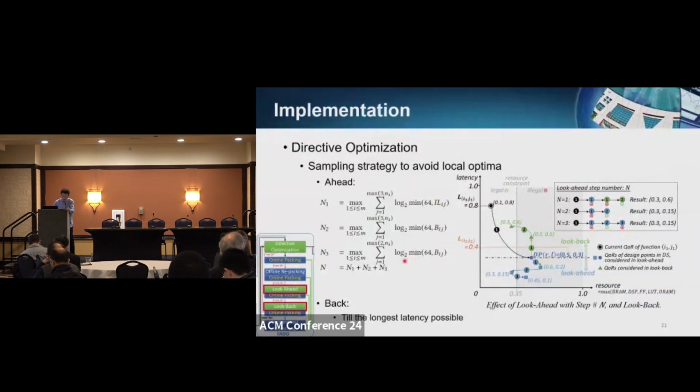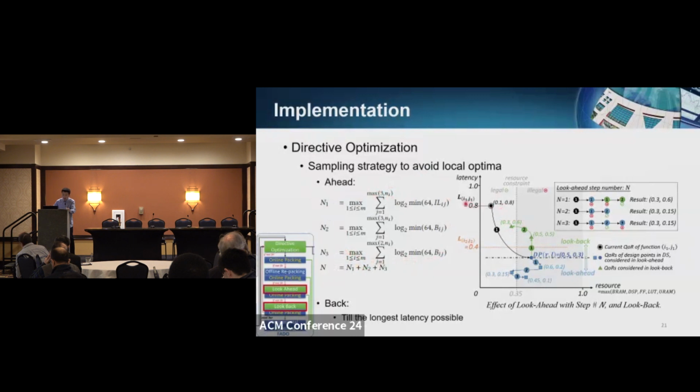For deciding the sampling range for the look ahead, you'll need to see the pipeline and unroll directive and their parameters, because they are two of the most efficient directives in HLS. This example shows the different sampling ranges' effect.